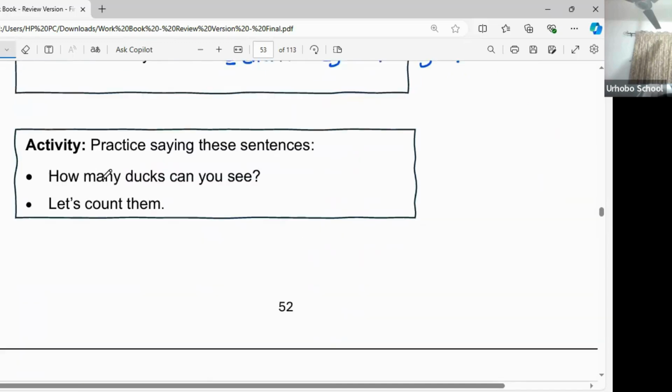All right. This is also part of number. Practice saying these words. How many dogs can you see? In our verb class, we say see is mre. Dogs is ikukuyeke.